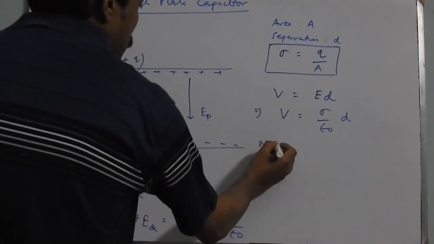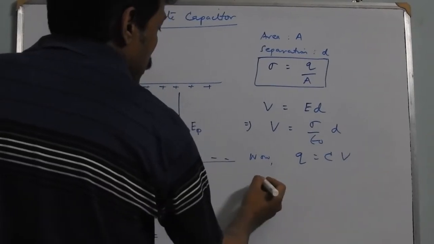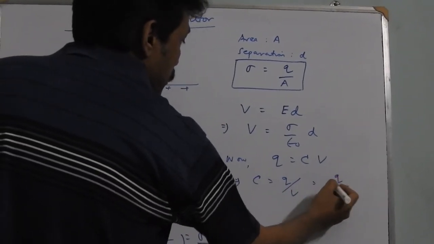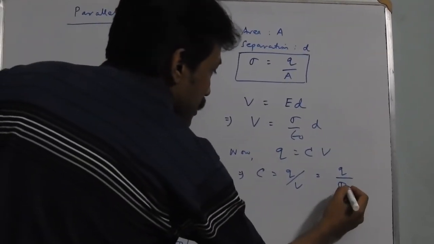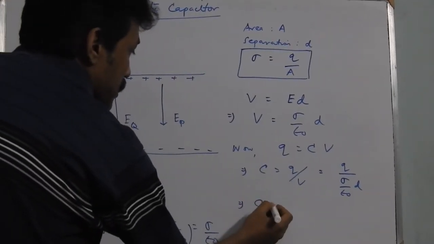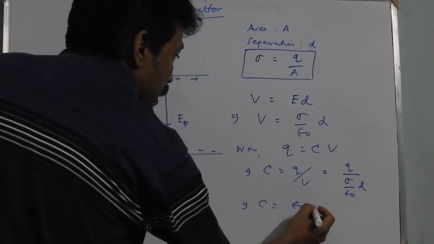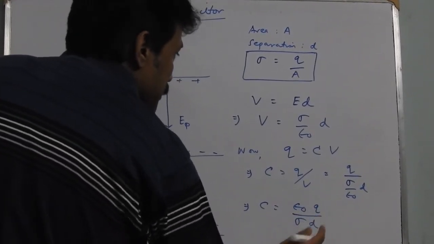Now we know that Q equals C into V, which means C equals Q by V, that is Q divided by V, which is sigma by epsilon 0 times d. This means C is equal to epsilon 0 Q by sigma into d.